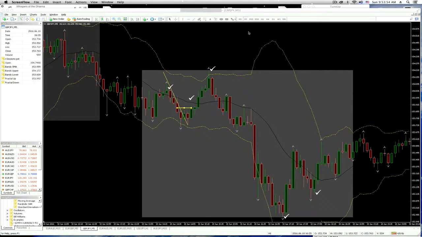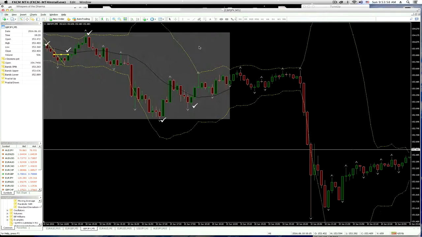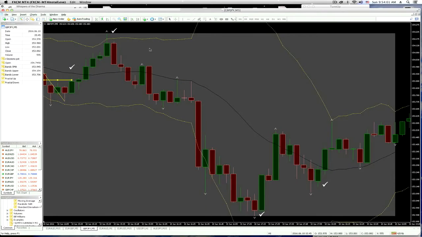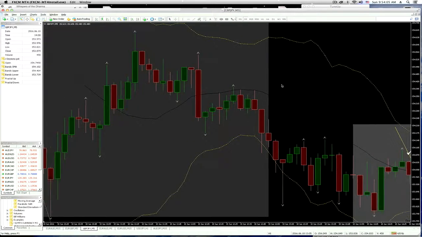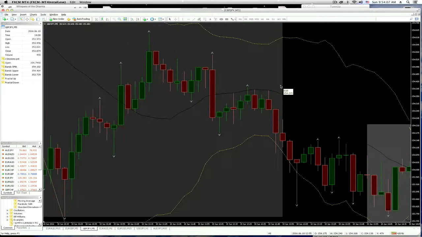I'll go through using the F12 key to highlight my thought process. At the beginning right here, I'm not interested in anything because we're obviously in consolidation.